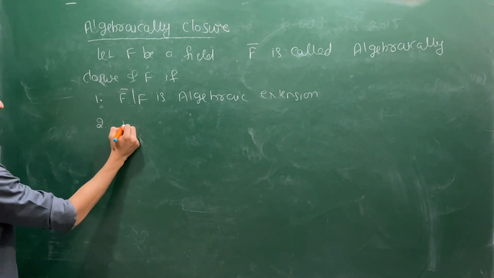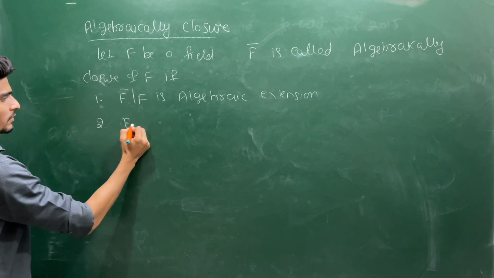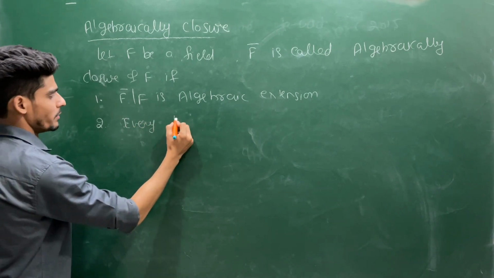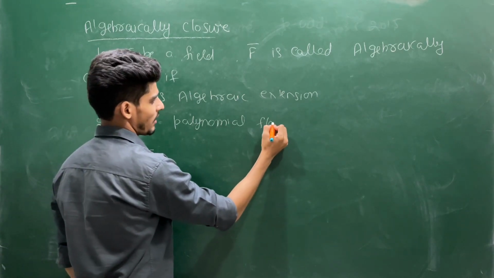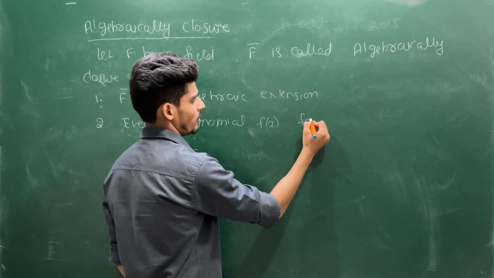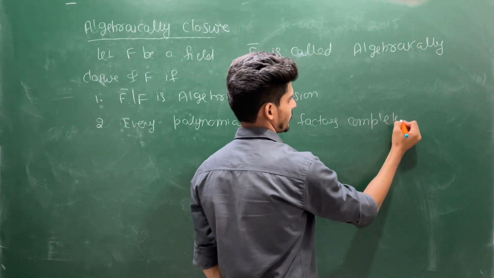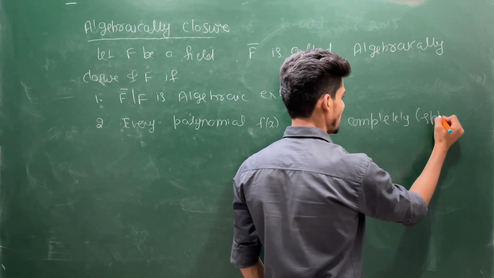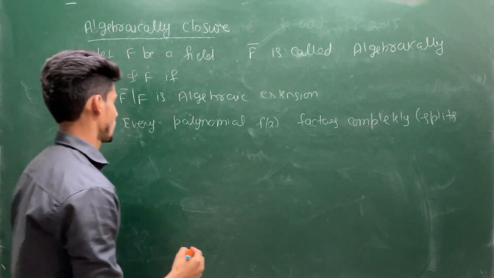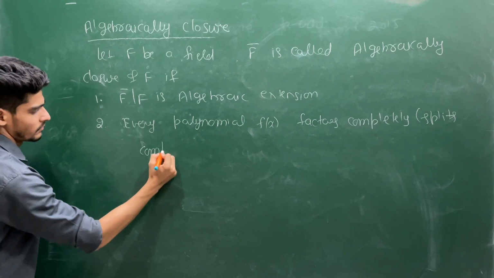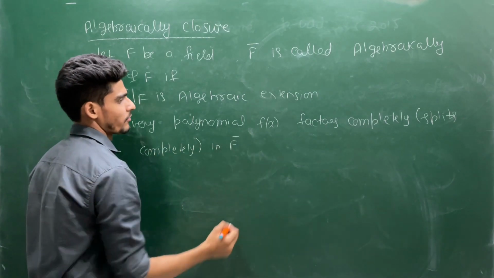Number 2, every polynomial f(x) factors completely or splits completely in F bar[x].